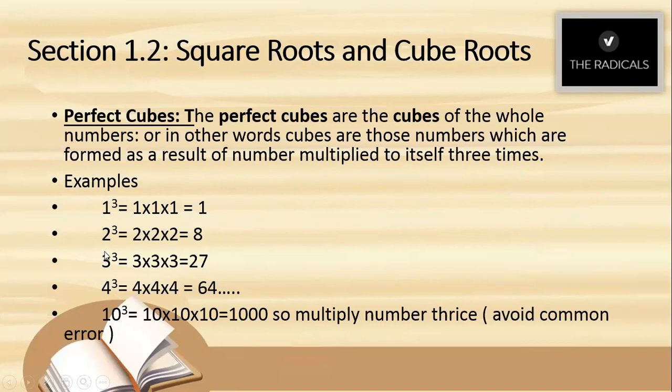For example, if we take the cube of a number, we take the power as 3, and the number will be multiplied 3 times. 2 multiplied by 2 multiplied by 2 is equal to 8. 3 cube, 3 multiplied by 3 multiplied by 3, is equal to 27. 4 cube means that 4 is multiplied 3 times, and so on. 10 cube means 10 is multiplied 3 times. So, to multiply the number 3 times means that we are taking the cube of the number. Avoid multiplying the number with 3.